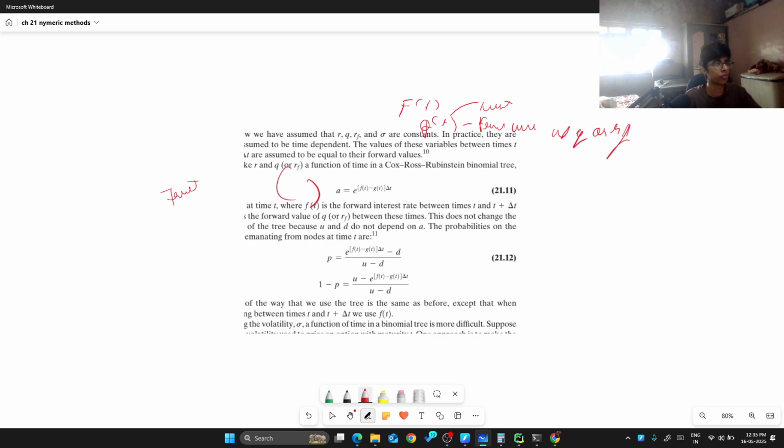If we plug the values in, we can construct a normal binomial tree from it.